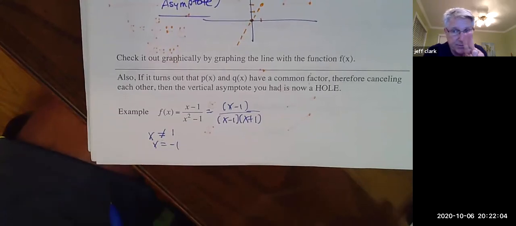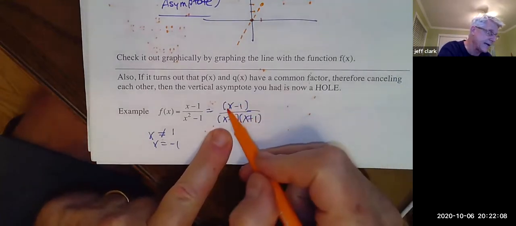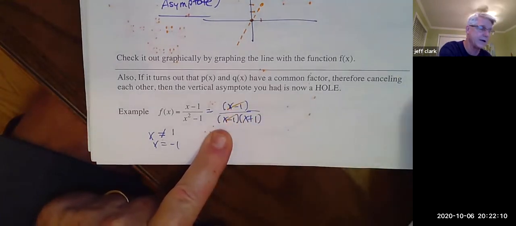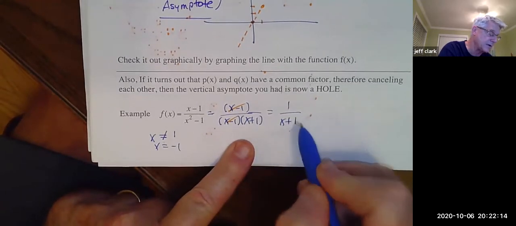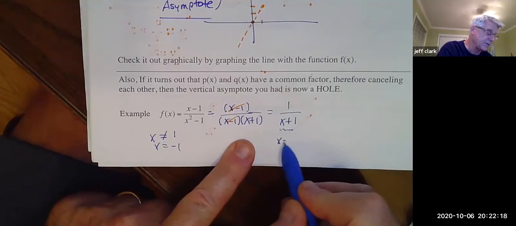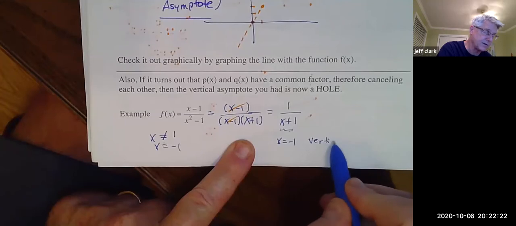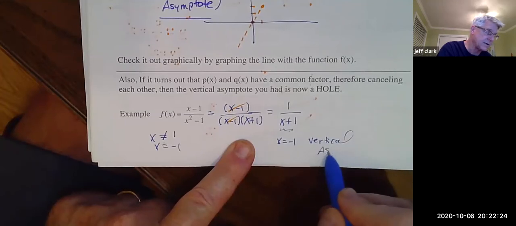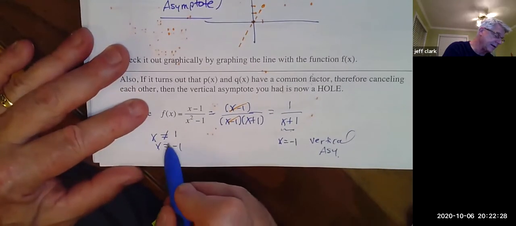There's two vertical asymptotes. However, when something like this happens and you make it go away and reduce it down to 1 over x plus 1, it looks like for this one, x equals -1 is still a vertical asymptote, but you can't use those.